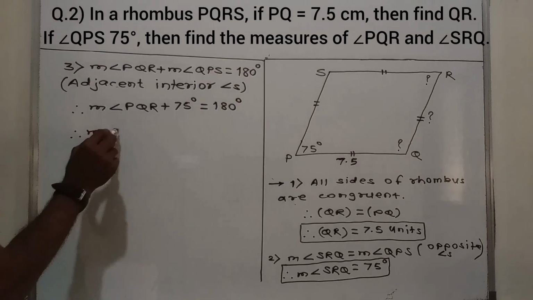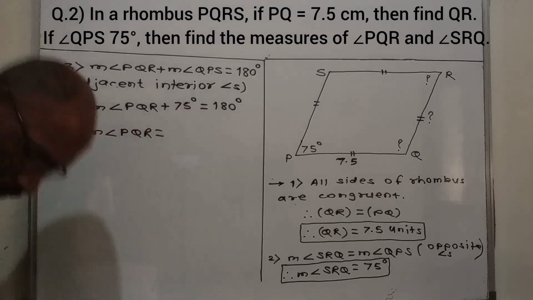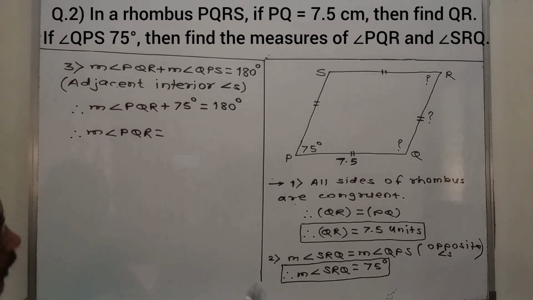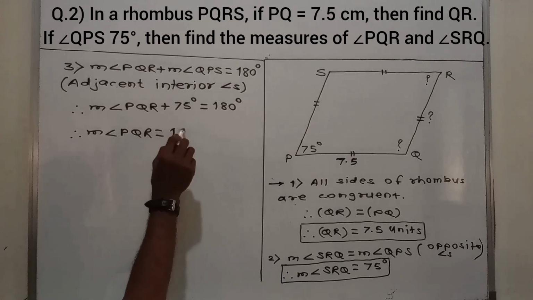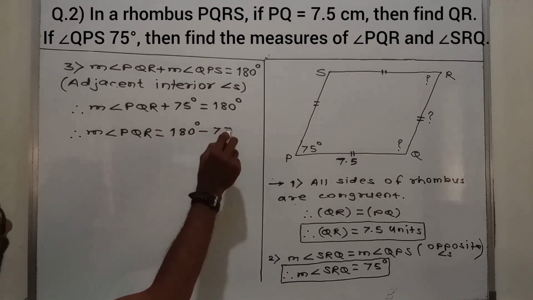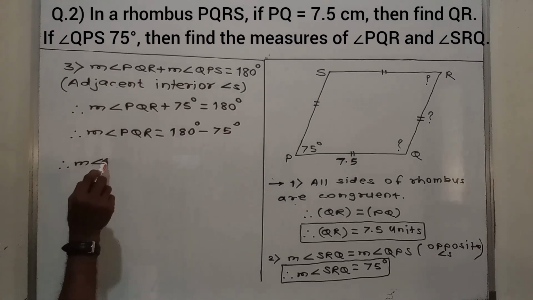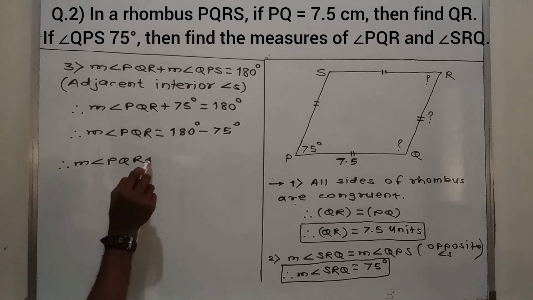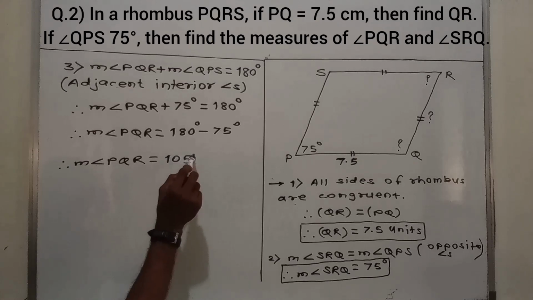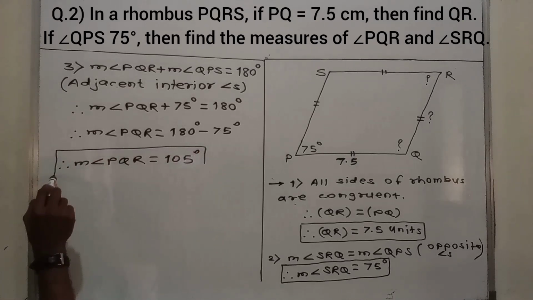Therefore, measure angle PQR is equal to, we take like terms together, smaller number near bigger number, 180 degree minus, this plus becomes minus, 75 degree. Therefore, measure of angle PQR is equal to 105 degree. This is our third answer.